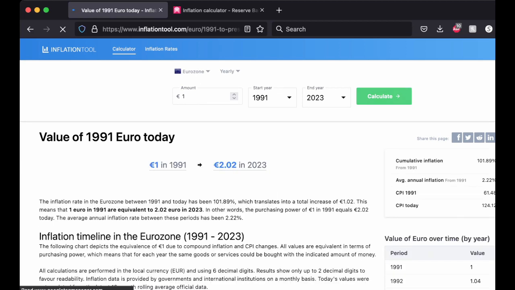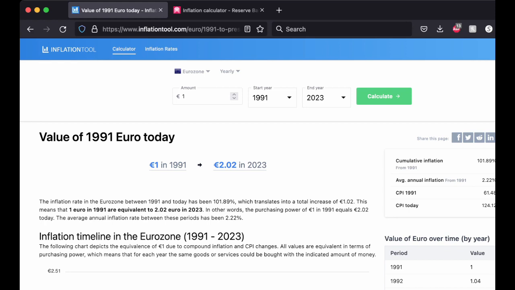One euro would be €2 today. So essentially, you need double. You need €2 today to have the equivalent of €1 in 1991.